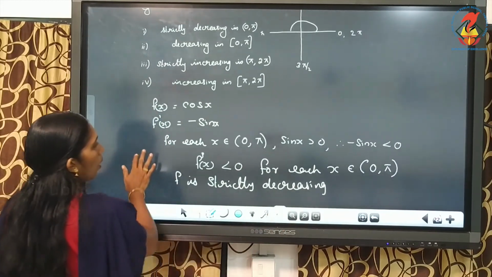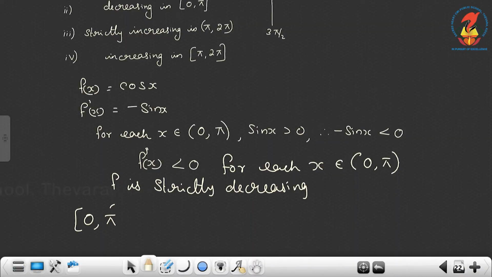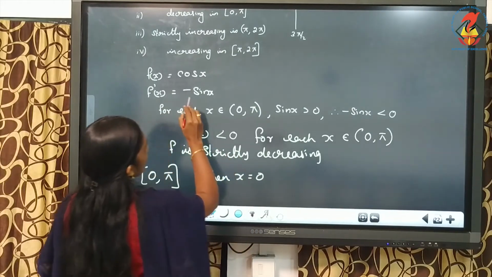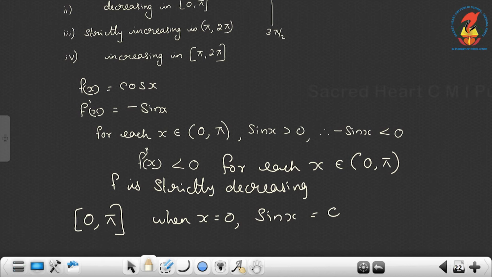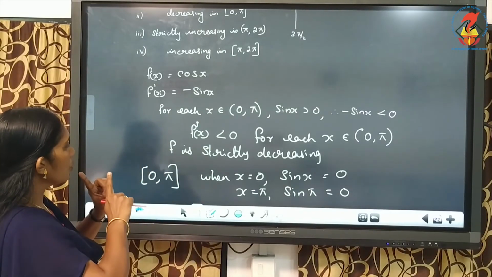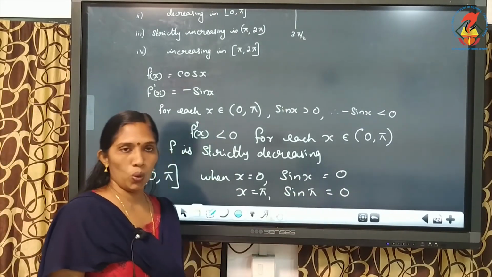Then if I take closed interval, what happened? If I take closed interval, we have to include 0 and pi. We have to take those values also. So, when x is equal to 0, sin x is equal to 0, sin 0 is 0. Then when x is pi, sin pi is again 0. So, at those two values 0 and pi, the derivative will be 0 also.